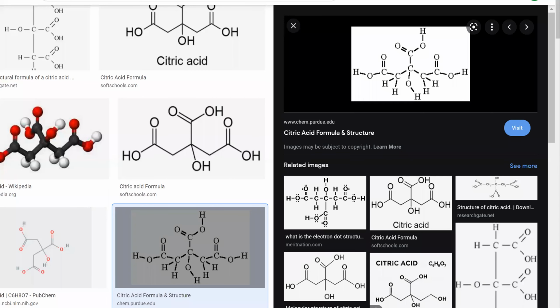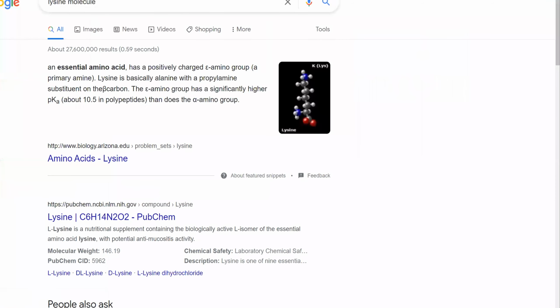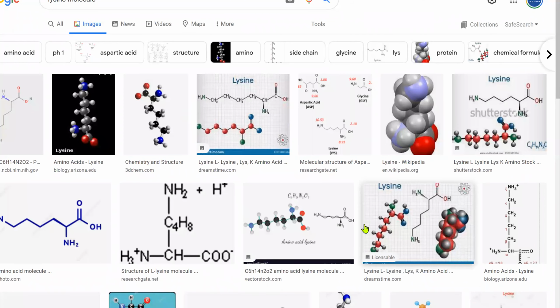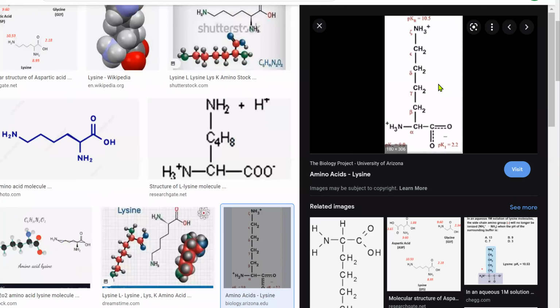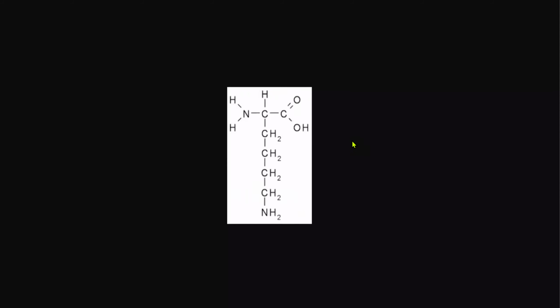This is a complicated amino acid molecule. But again, this H over here is capable of releasing an H+ ion. So it's capable of acting as an acid because it's going to produce H+ ions.